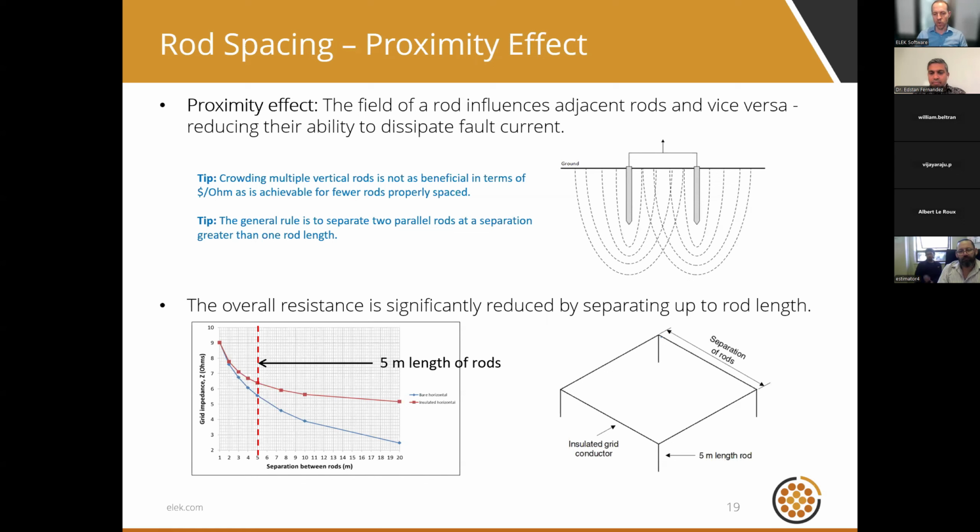There's a general rule that you can go by, which we've proved through modeling, that you want to separate rods by at least their length. So if you're installing 5-meter ground rods, you don't want to space them any closer than 5 meters to other ground rods for them to be effective. Otherwise, you're wasting your money and a lot of effort.